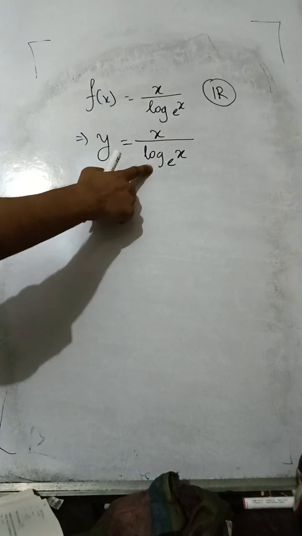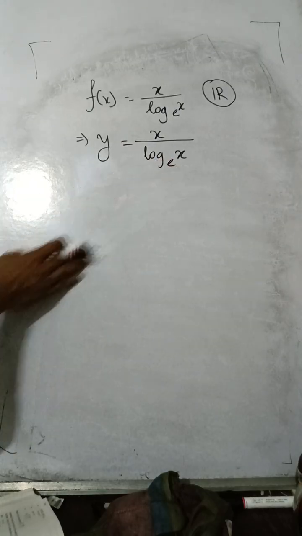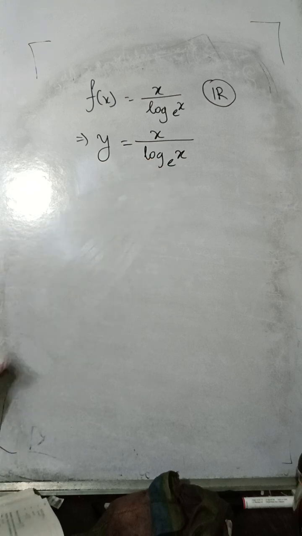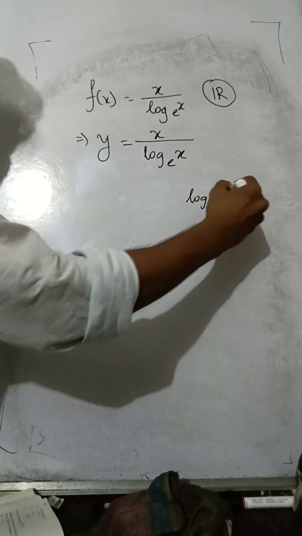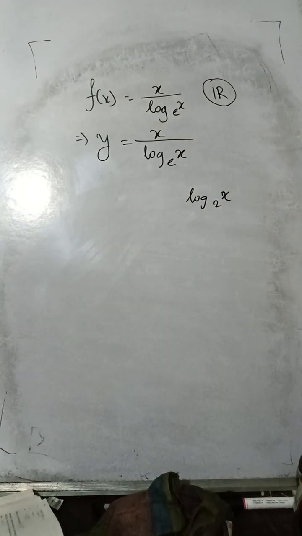So this is a natural log, right? I guess you people remember what logarithm was. If you have a base of e, it means it is natural log, whereas if you have something like x base 2, this is not natural log, this is a base 2 log, okay?